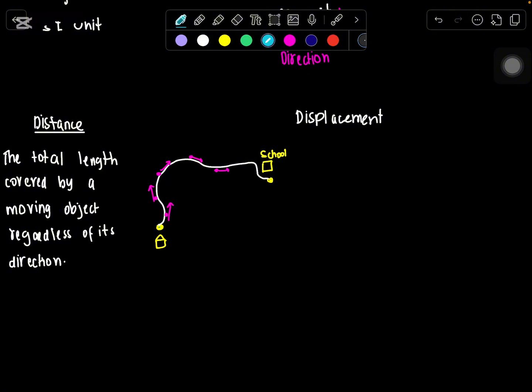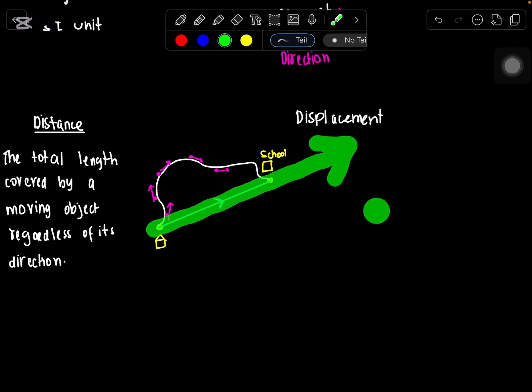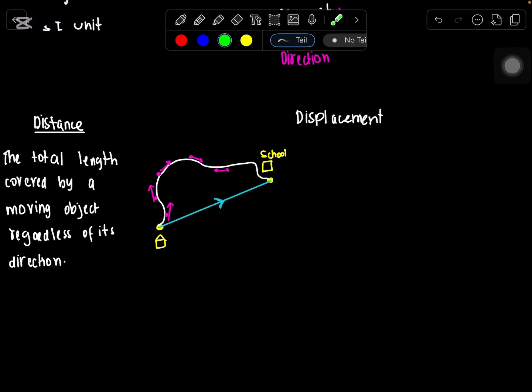Now, if I drew a line from your house to the school, like a straight line, and I'm drawing an arrowhead to tell you the direction that you have to go in this direction. It's one single direction, and it's the shortest length between these two points. That is your displacement. Displacement is the shortest length from your house to the school in a straight line.